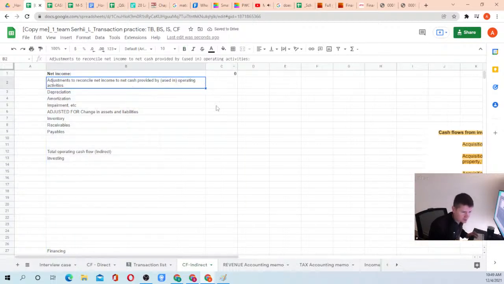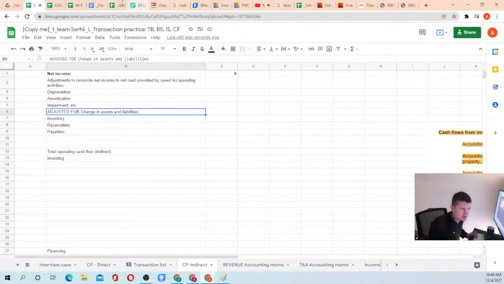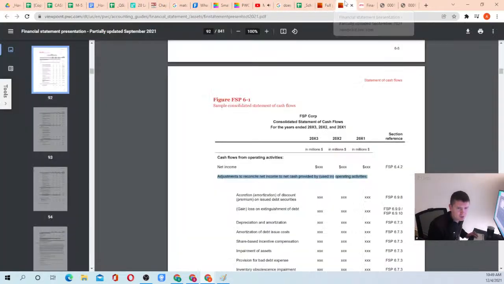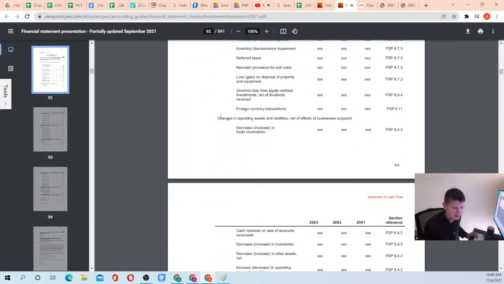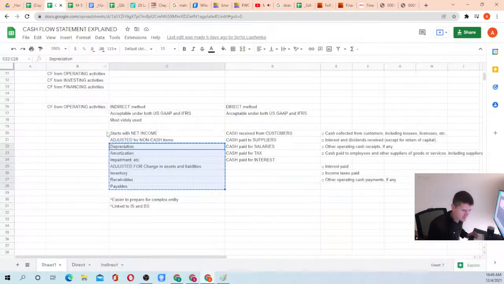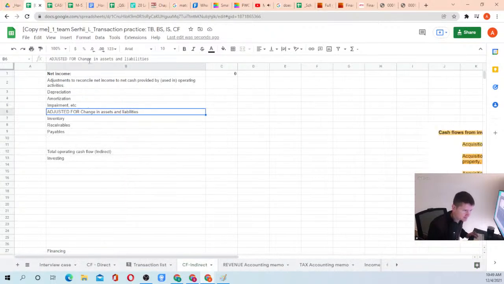Okay, so no non-cash items, but it has an impact on balances, on changes in operating assets and operating liabilities.